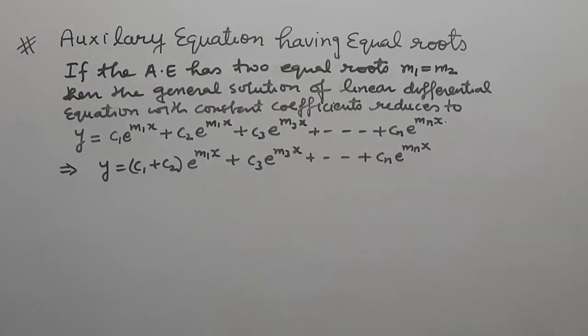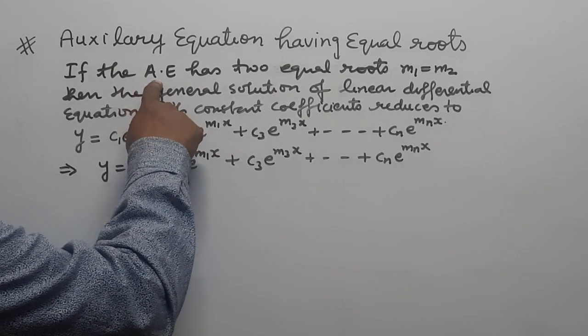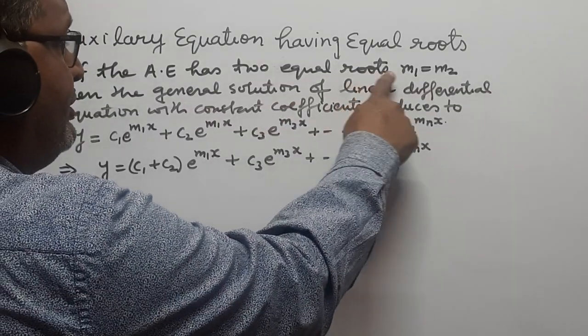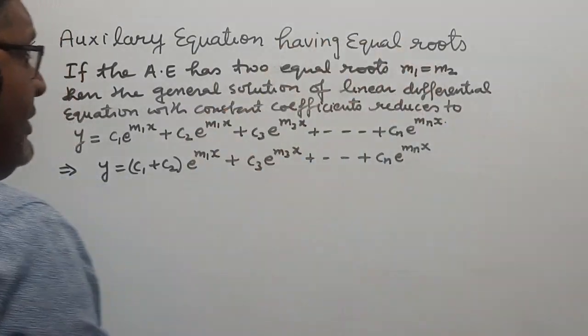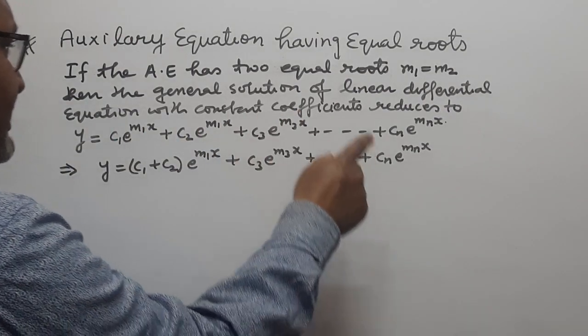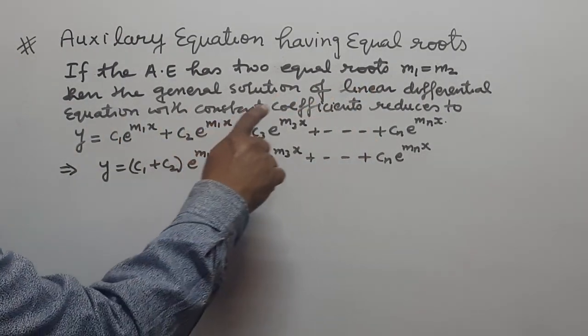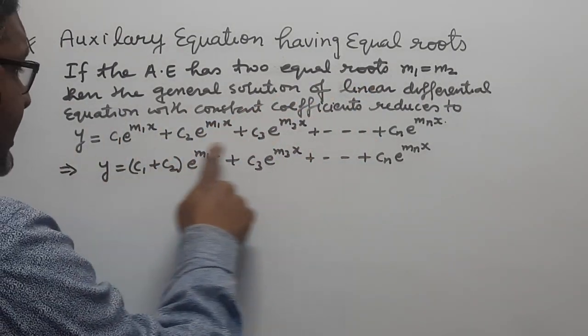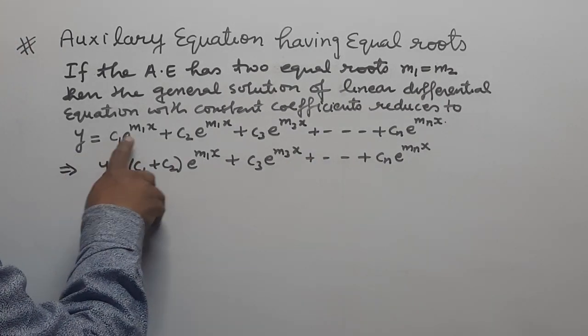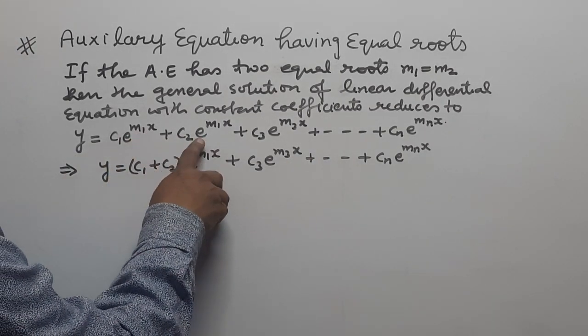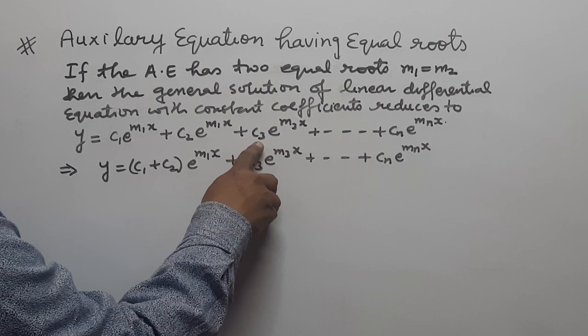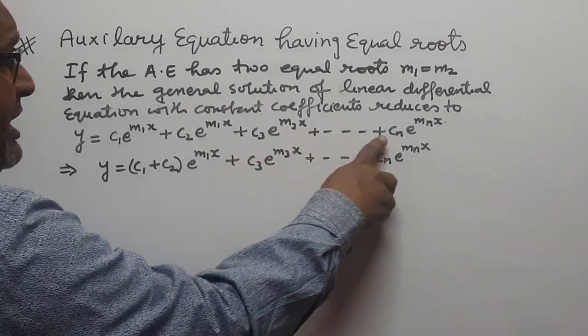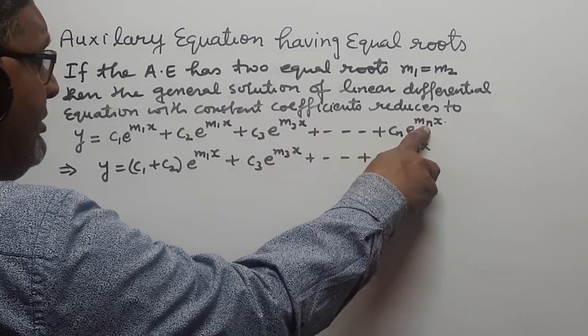If we take a linear differential equation with constant coefficients of nth order and the auxiliary equation has two equal roots, suppose m1 is equal to m2, then the general solution can be written as y is equal to c1 e to the power m1x plus c2 e to the power m1x plus c3 e to the power m3x and so on cn e to the power mnx.